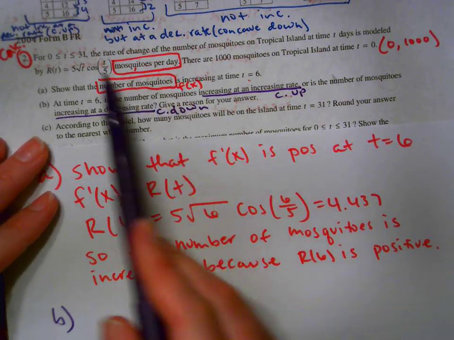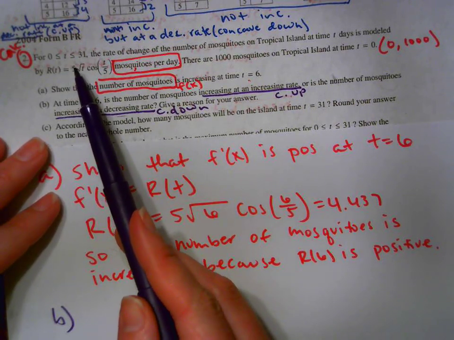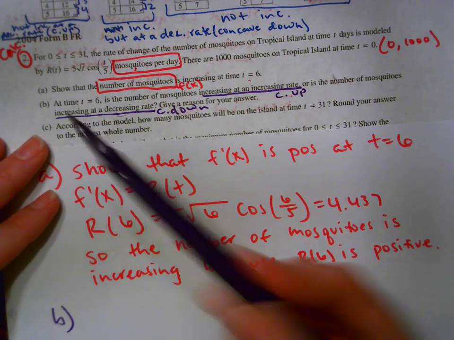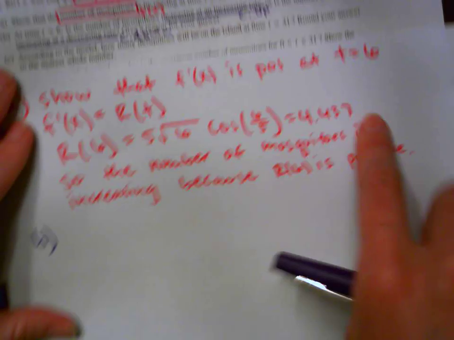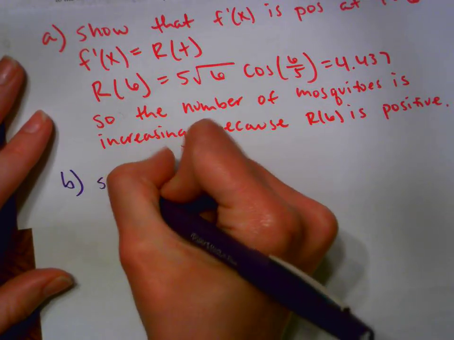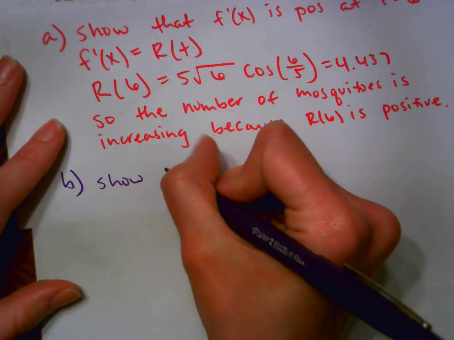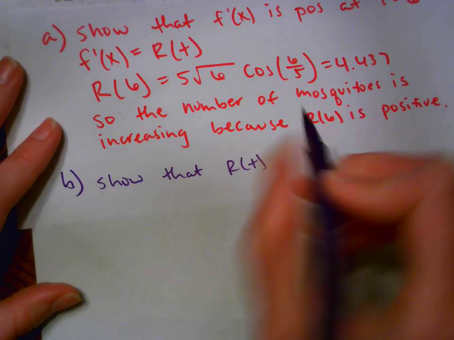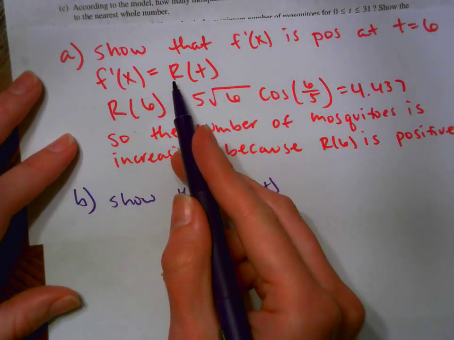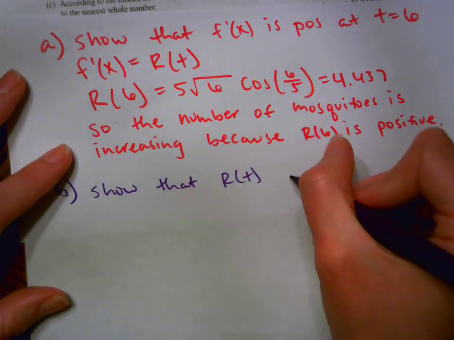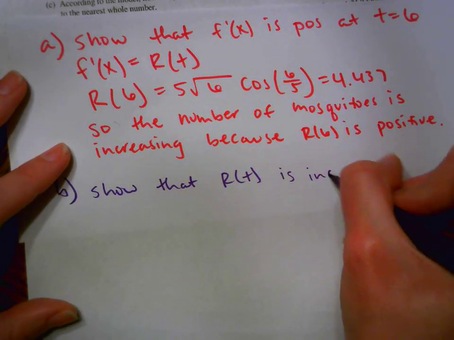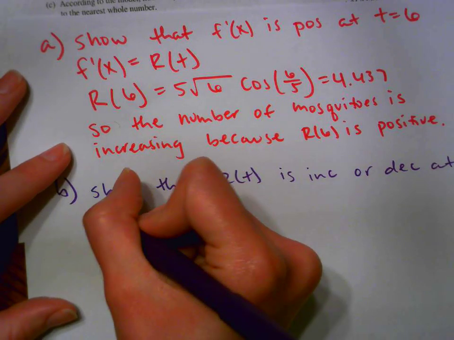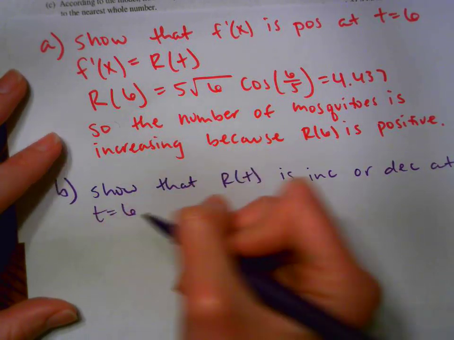Well, how do you know based on the derivative function? Is r of t increasing or decreasing? Now we want to show that r of t, which you could write f prime if you defined it as r of t, is increasing or decreasing at t equals 6.